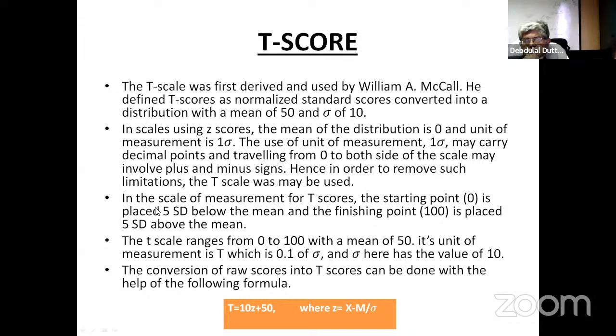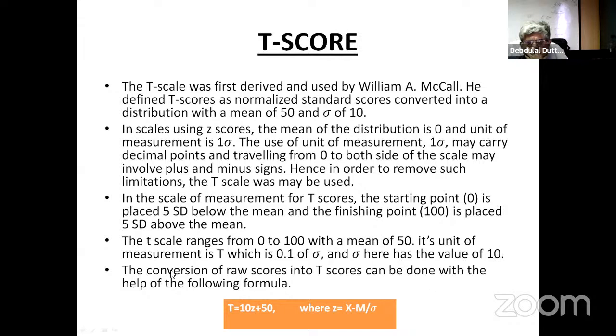Okay. In the scale of measurement for T-scores, the starting point 0 is placed 5 SD below the mean and the finishing point 100 is placed 5 SD above the mean. So the T-scale ranges from 0 to 100 with a mean of 50. Its unit of measurement is T, which is 0.1 of SD, and SD, sigma here, has the value of 10.